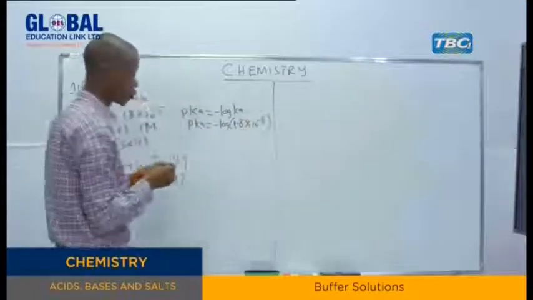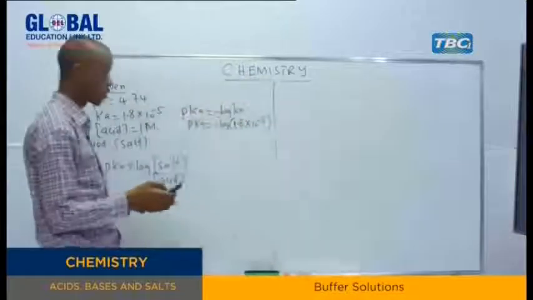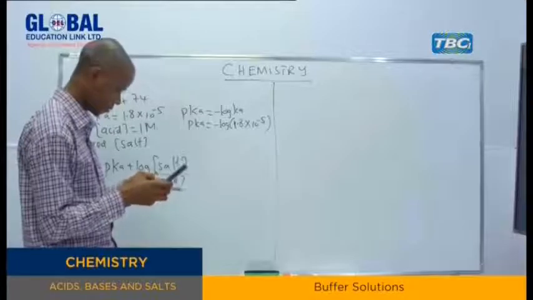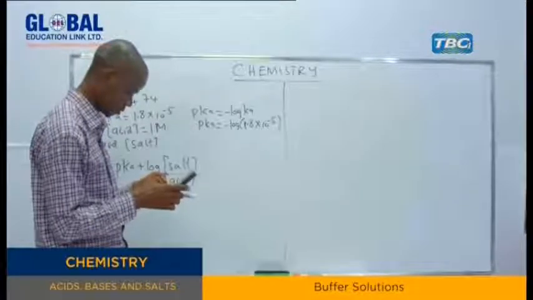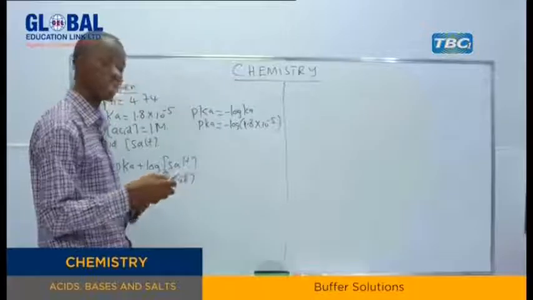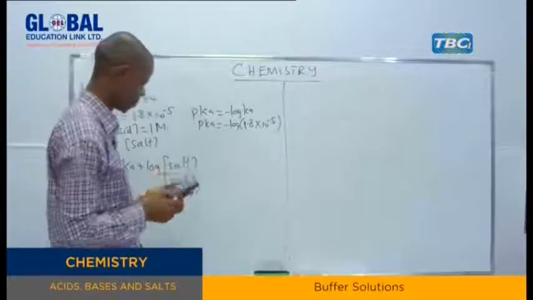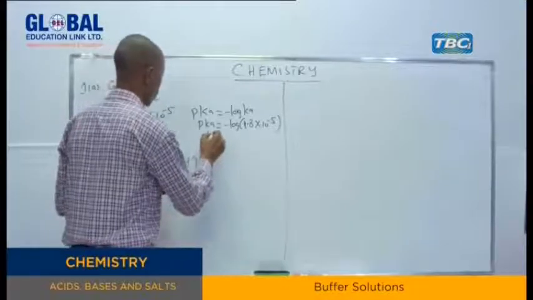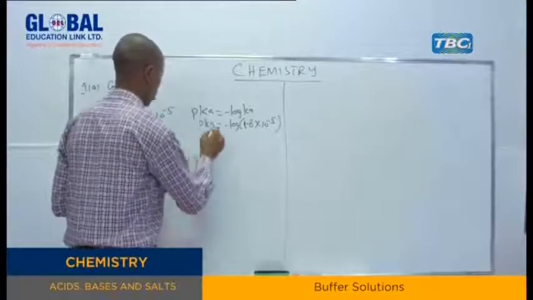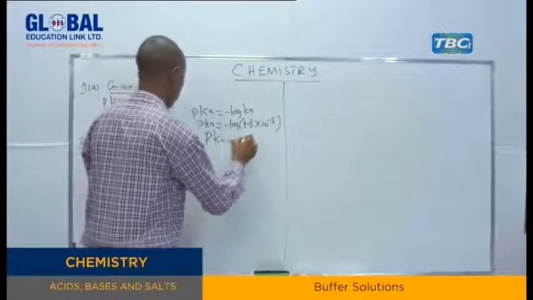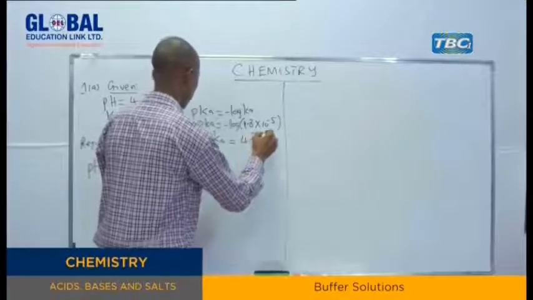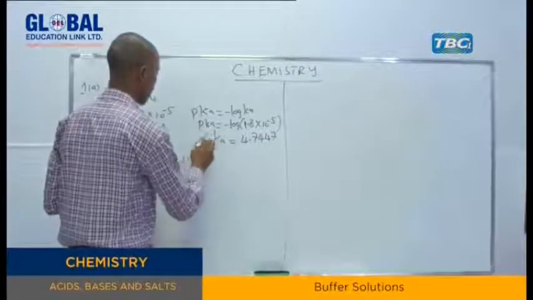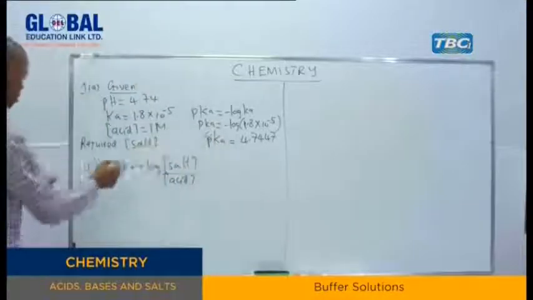So you can take your calculator and find that one. You're going to get pKa equal to 4.7447.